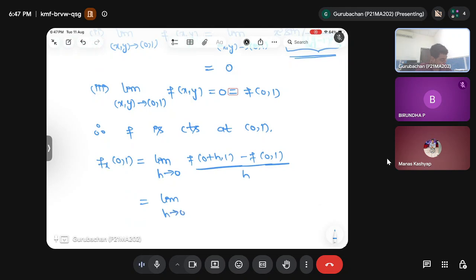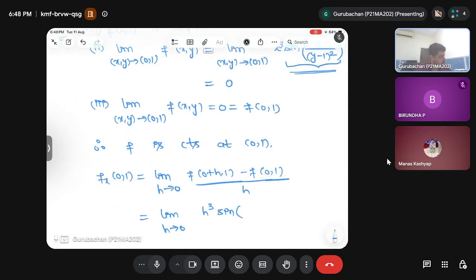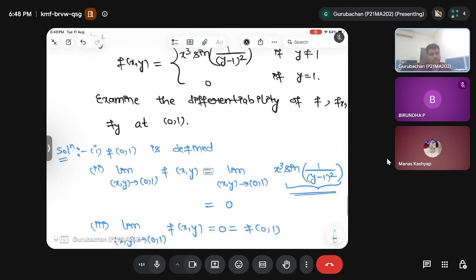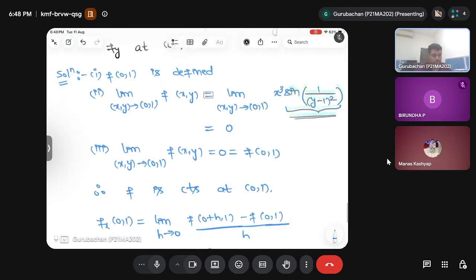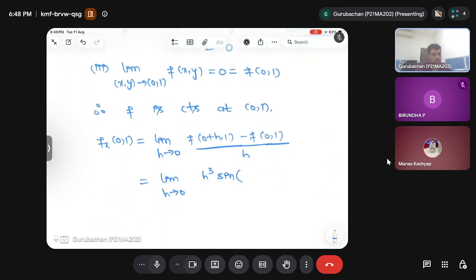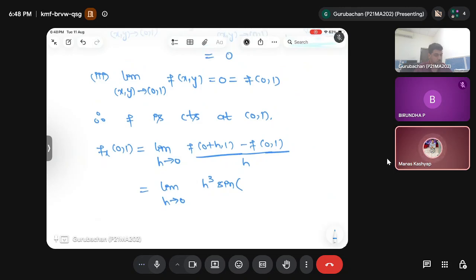So by definition this will come out to be h cube sine... What was your answer? Is it 0? Yes, sir. As y is 1, it will be 0 now.